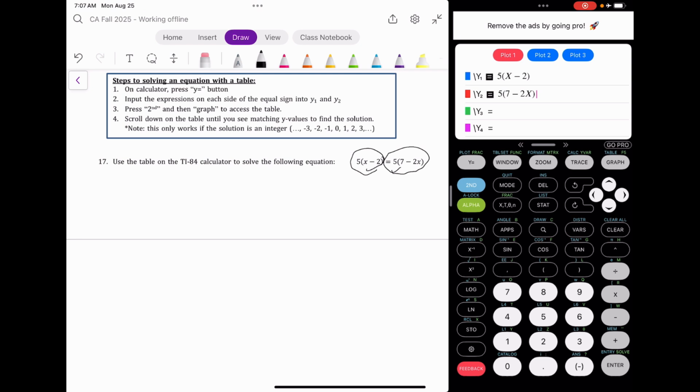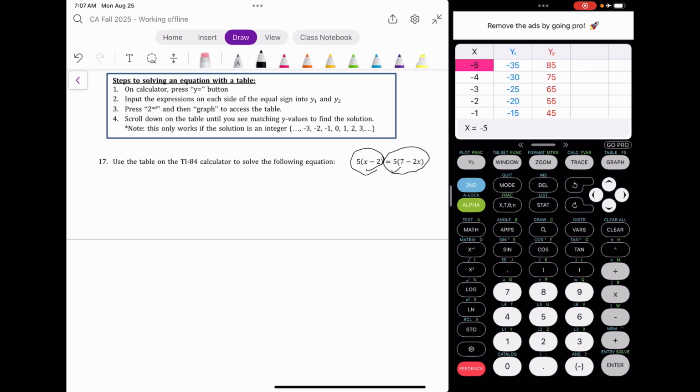And so after you do this, you can go to the table. So you can hit second graph, and you just scroll through the table until you see the same y value appear. So there we go. So at x equals 3, that is the solution because they have the same y value of 5.